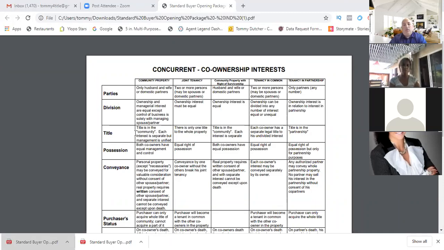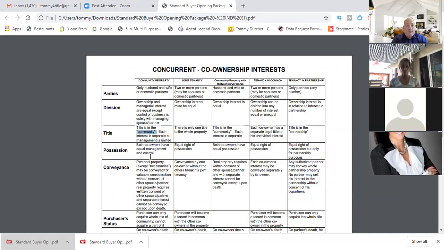So when you go through, it's divided ownership and managerial interest in the property are equal, except control of business is solely with managing spouse or partner. The biggest thing to remember in all this is, again, community. Both co-owners have equal management and control, which means they own equal rights, not 20% and 80%.